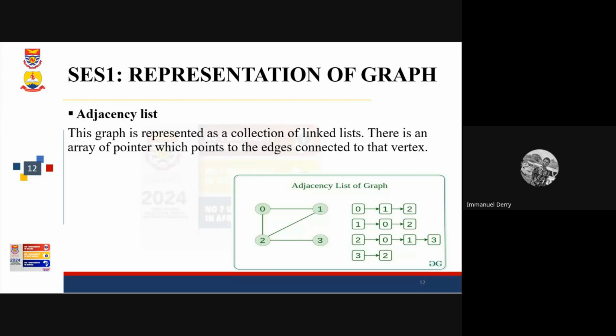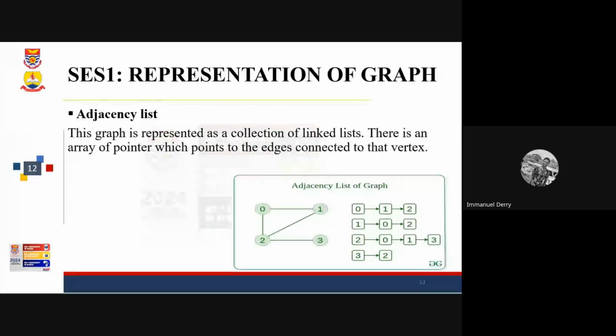With the weight I was talking about, let's assume that we have these various cities in this country, and the various road networks connecting them have distances attached to them. So let's assume we have only 4 cities in Ghana. This is the first one, this is second, this is third, and this is fourth. From the first to the second, what is the distance?